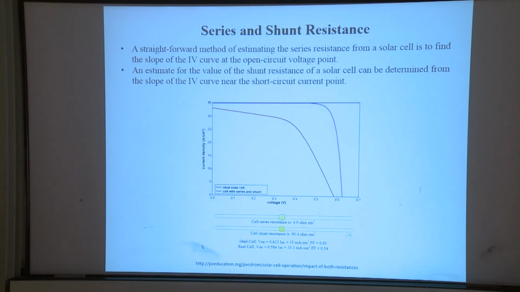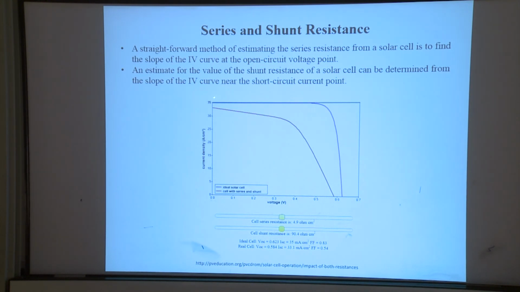Okay, so you may go to this website and try to manipulate the series resistance and the shunt resistance. For the blue curve, it is ideal, or close to ideal.